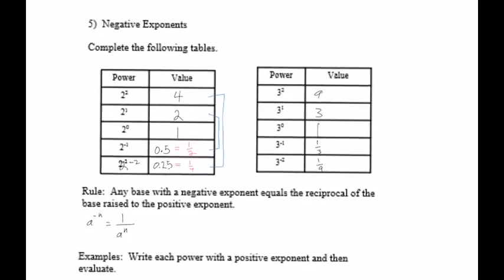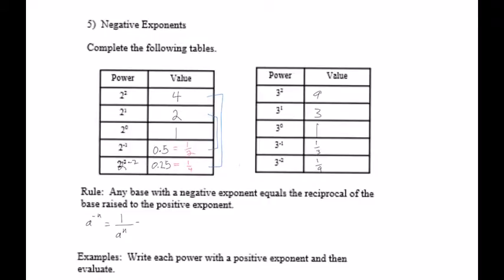For example, let's take a look at this. Let's say I had 3 to the negative 3. I could write that as 1/3 to the 3, and then simplify the bottom half of this fraction. I could simplify that to whatever I want.